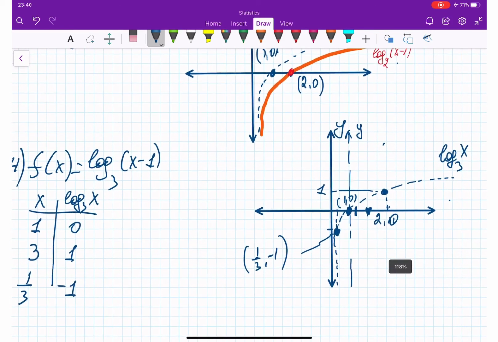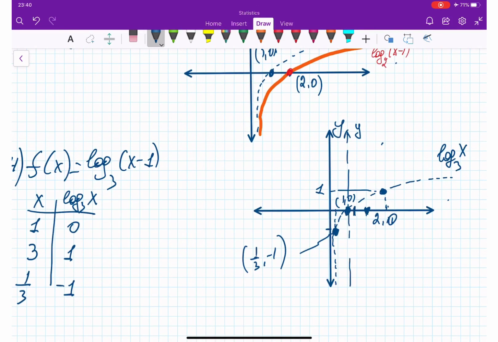Yes, and y is going to stay the same, -1. How did I get 1 and 1/3? So my x is 1/3 and I'm shifting by +1, right? So 1 plus 1/3. And this is going to be my next point.